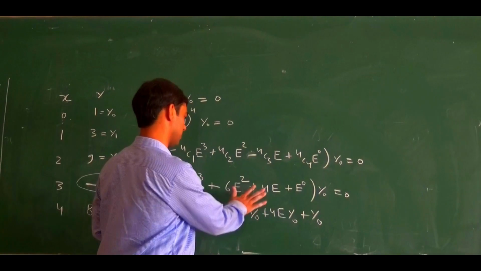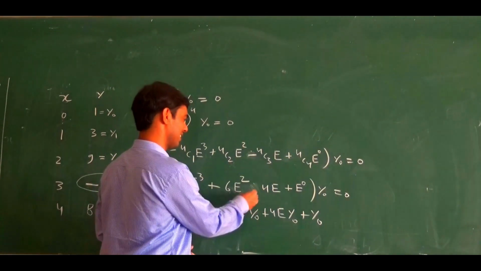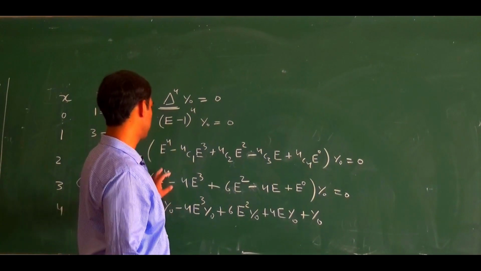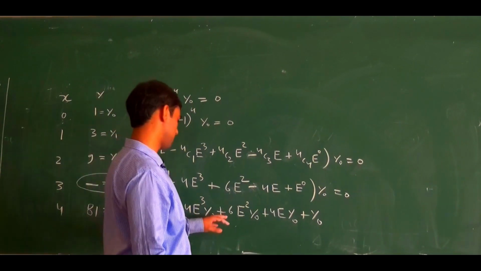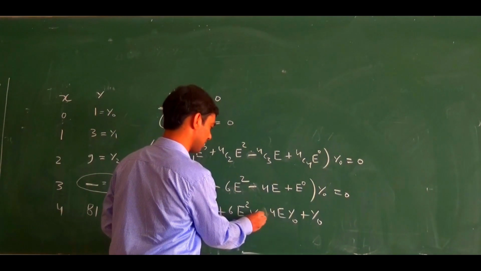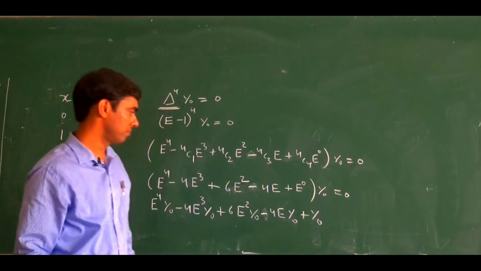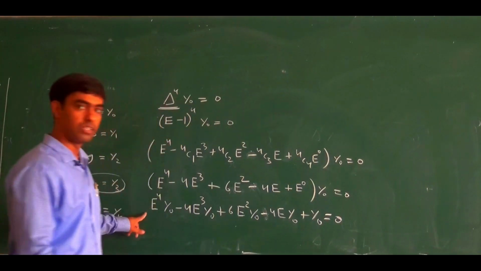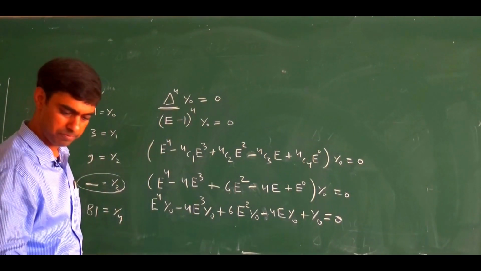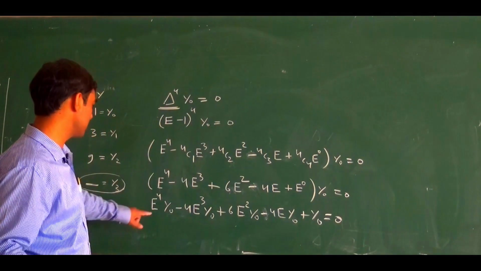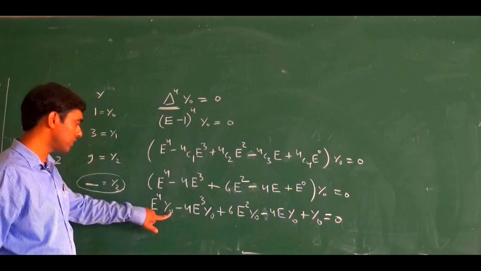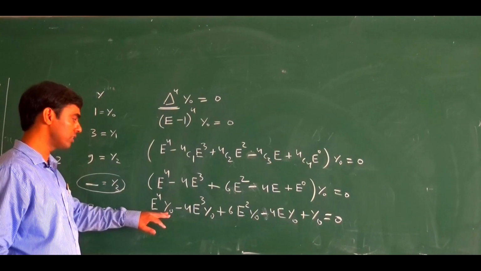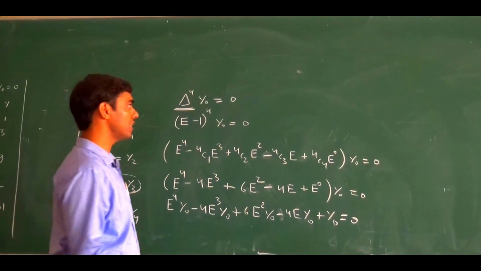Just we check the signs: this one is minus, this one is plus, and this one is also minus, not plus. So this equals 0. So what is the value of E4 y0? E4 y0 becomes this value shifted by 4 places. So since E0 y0 is y0, E4 y0 becomes y4.